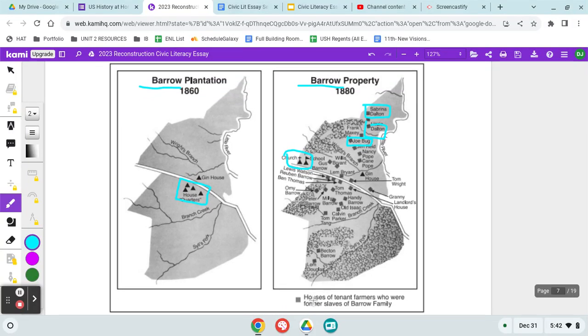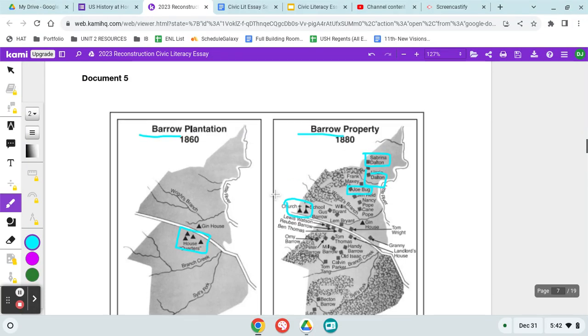Oh, look, it even says houses of tenant farmers who were former slaves of the Barrow family, right? Again, I probably have a whole paragraph here on either the circumstances, efforts, or successes and failures, just using this one document.